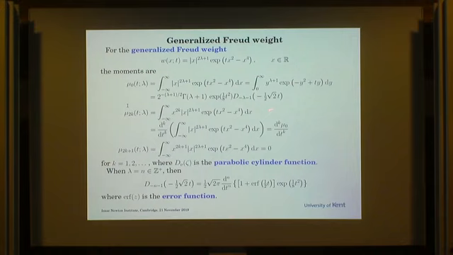You just use the integral representation of the parabolic cylinder function and get this here. And so the 2k-th moments are just the k-th derivative of mu naught, and the 2k plus 1, all the odd ones, are 0. And if lambda is an integer, then the parabolic cylinder function can be expressed in terms of error functions and exponentials.